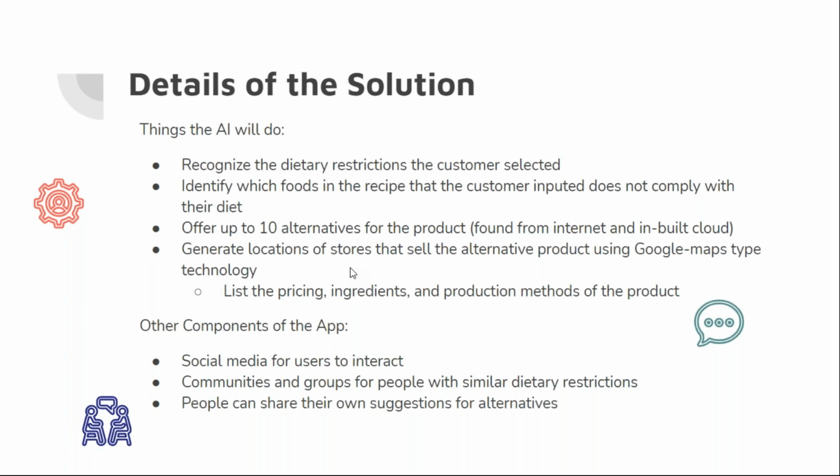The AI will give up to 10 different possibilities of which alternatives the customer can have. From there, the app will generate the closest locations of stores that sell the particular ingredient, divided based on pricing, types of production methods, and individual ingredient methods.